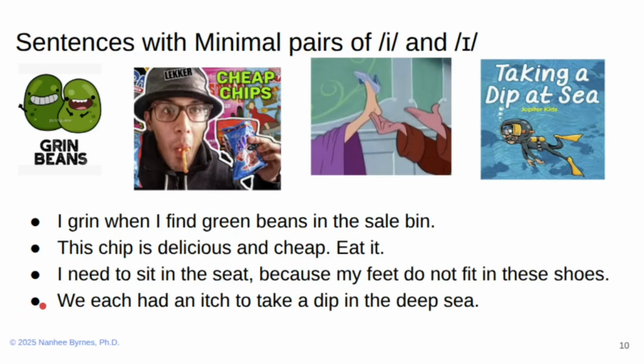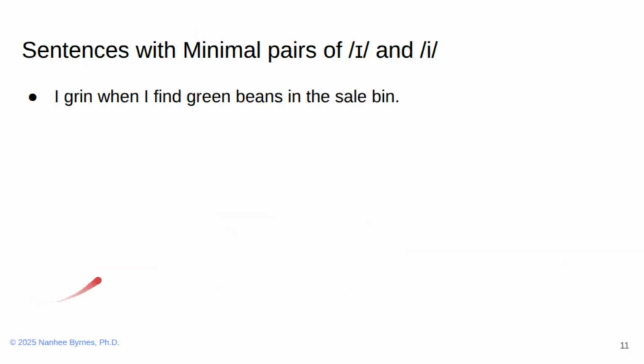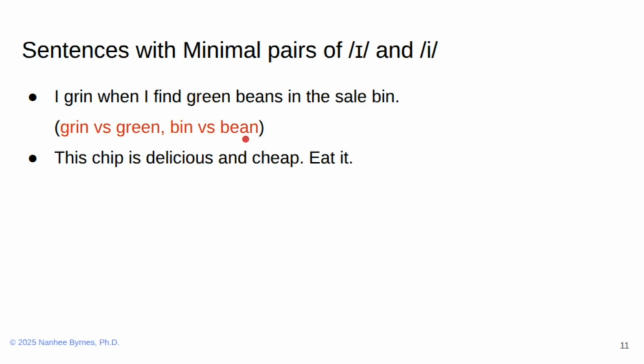All the above sentences have the minimal pairs of tense e and lax I. I grin when I find green beans in the sale bin. Minimal pairs: grin versus green, bin versus bean. This chip is delicious and cheap. Eat it. Minimal pairs: chip versus cheap, it versus eat.